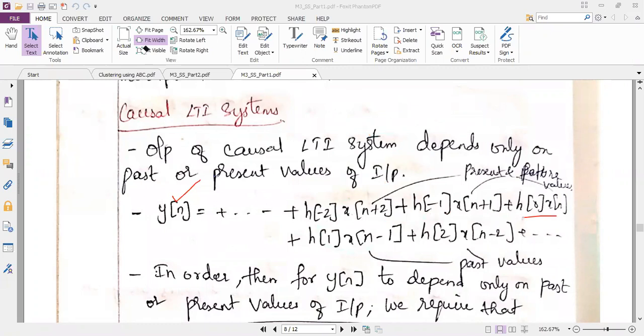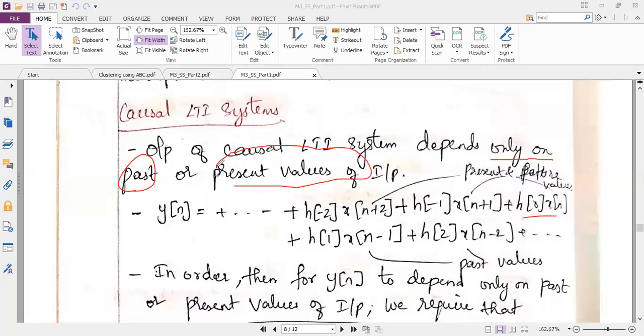Here, based on the concept of causality, I am going to eliminate some terms, like how I did the elimination in the previous topic called memoryless system. The same concept I am going to apply here. My condition is the output depends only on the past or present values of the input.